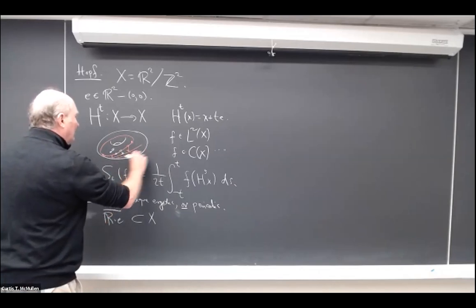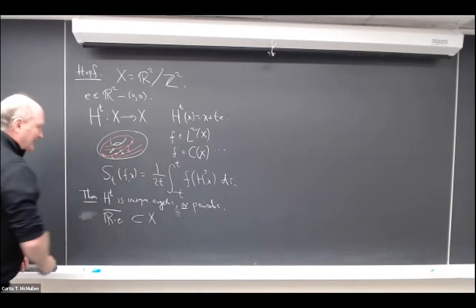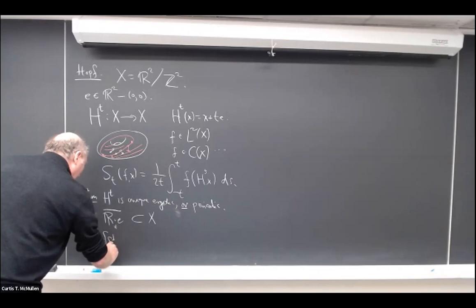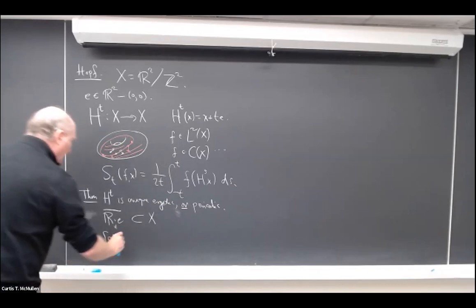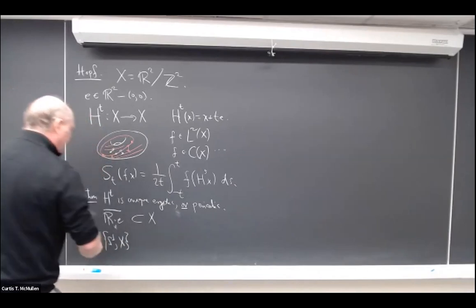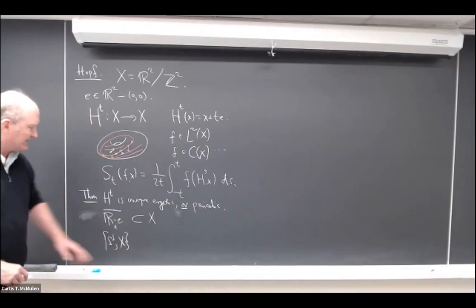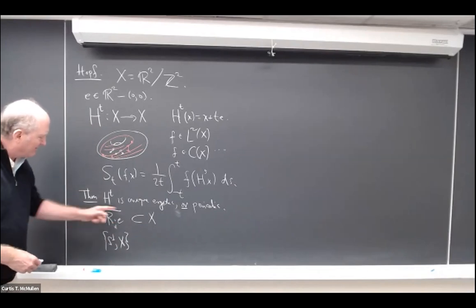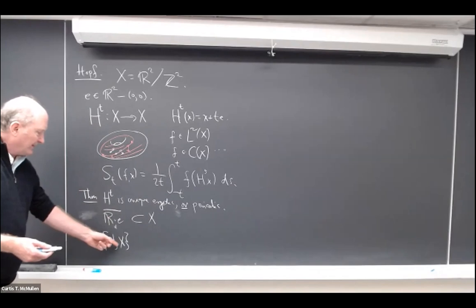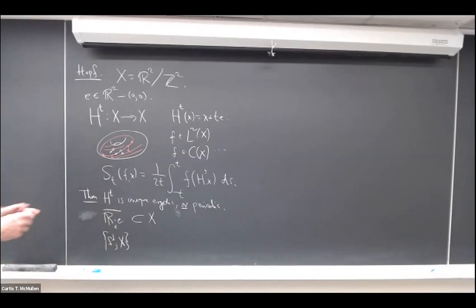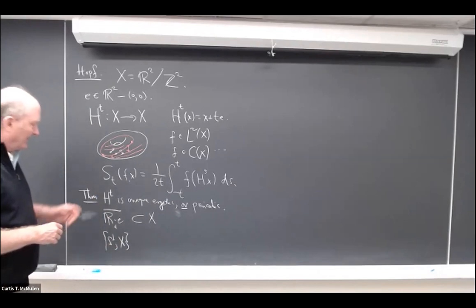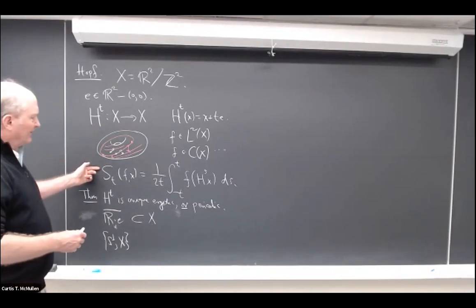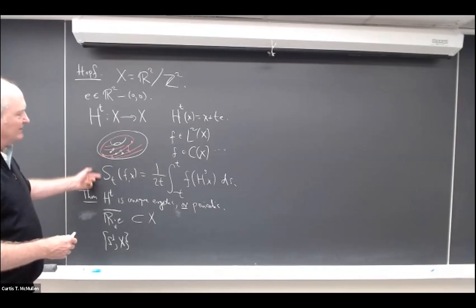Otherwise, you're flowing at an irrational angle, and the closure then, being a Lie subgroup, has to be the whole of the space X. And in this latter case, as usual, any h_t invariant measure is also invariant under translation by elements in this closure, and there's a unique translation invariant measure on any abelian Lie group, it's Haar measure, so h_t is uniquely ergodic.